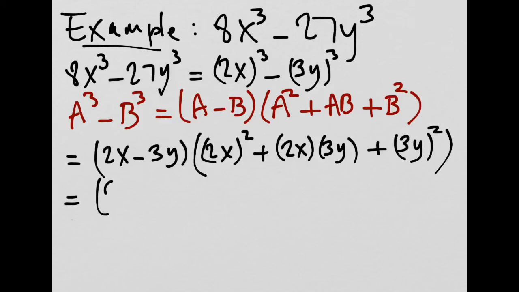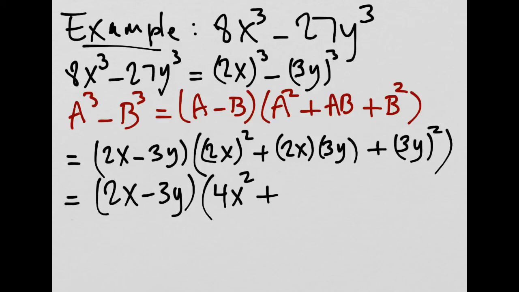And finally, we write our answer as 2x minus 3y times 4x squared plus 6xy plus 9y squared. And this is as far as this expression can be factored over the reals.